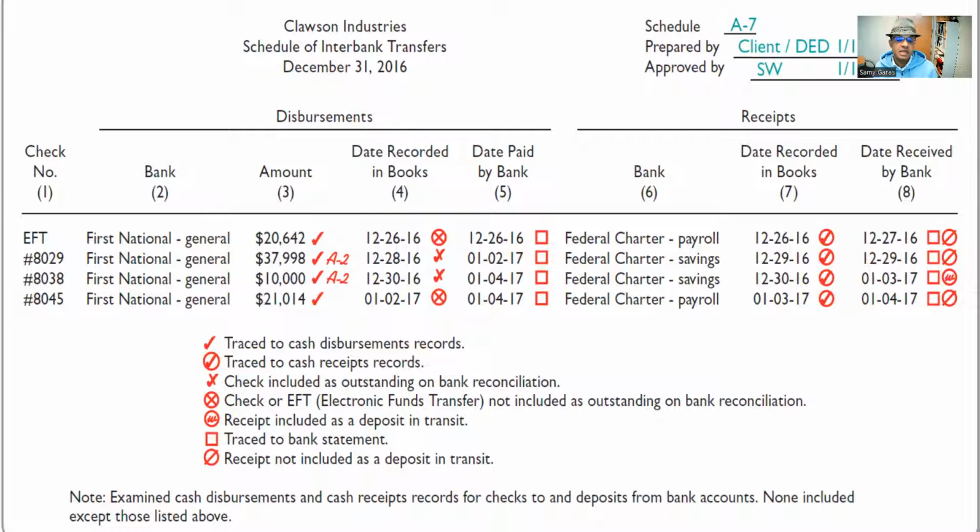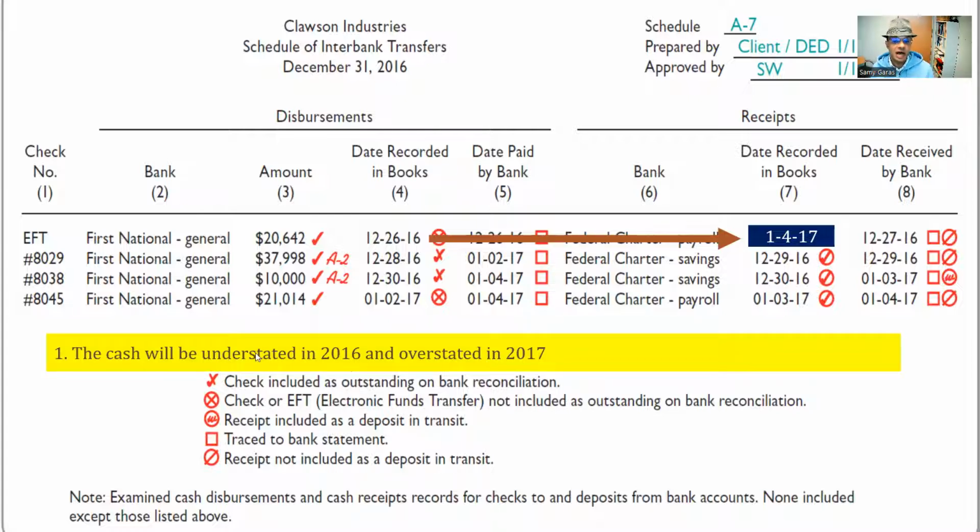For example, if one bank account makes the payment in 2016, but the receipt happened in 2017, what will happen? It will understate the balance because we paid. So the balance will be reduced, understated in 2016, and it will be overstated in 2017.